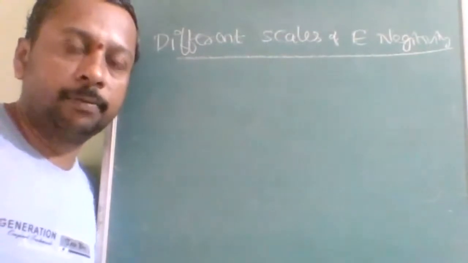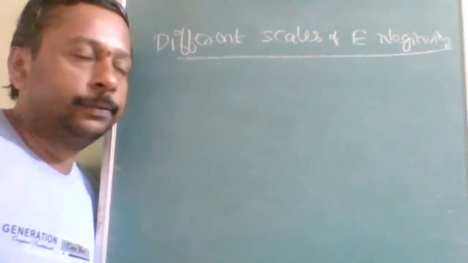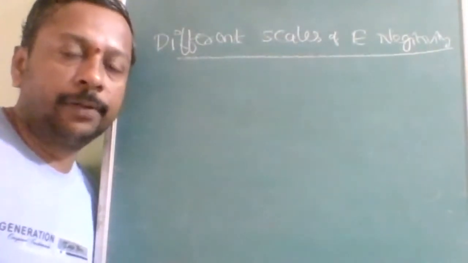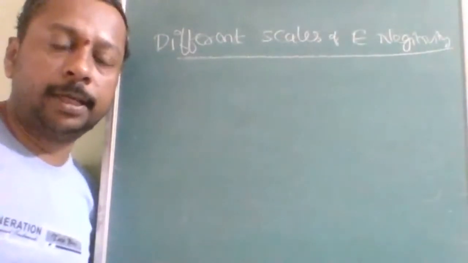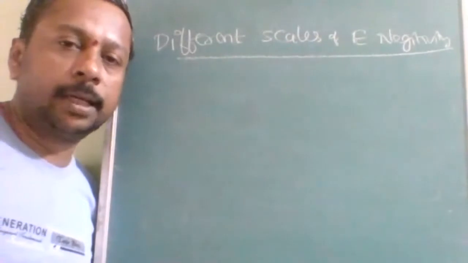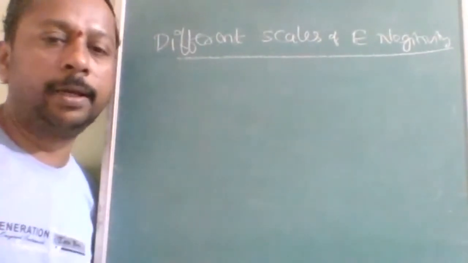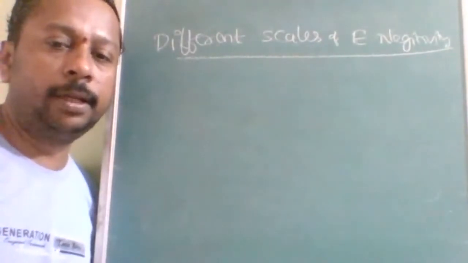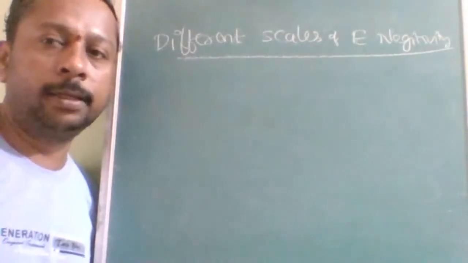One will be based upon the effective atomic number, Slater constant, and second, there can be numericals on electronegativity. Very rare numericals you will find, that's why you have to pay attention towards these formulas.